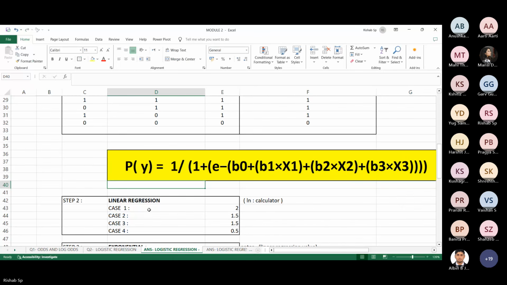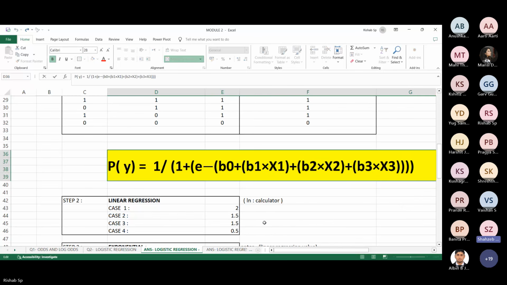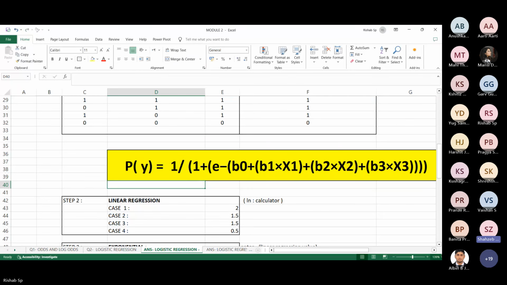I didn't get your question at first. The professor gave us a formula for probability: exponential of beta 0 plus beta 1 x1 till beta n xn, and then divided by 1 plus the exponential of that same value in the numerator.